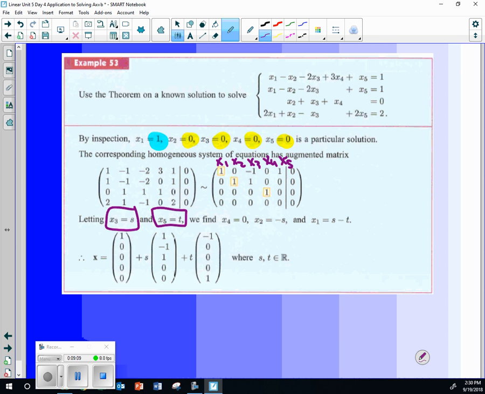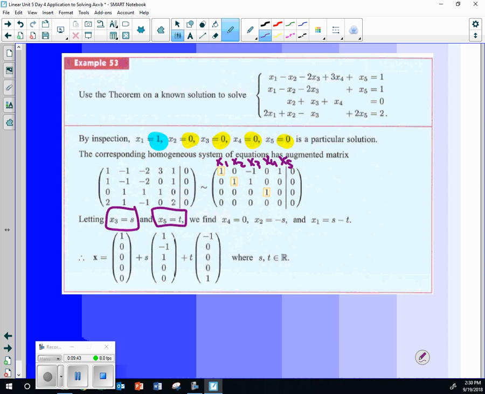And then they'll assign x1 as negative x5, negative t, and then plus s. So x1 will be negative t plus s. And then this one will just be negative s. And what's this one going to be? 0. So x4 is just 0.